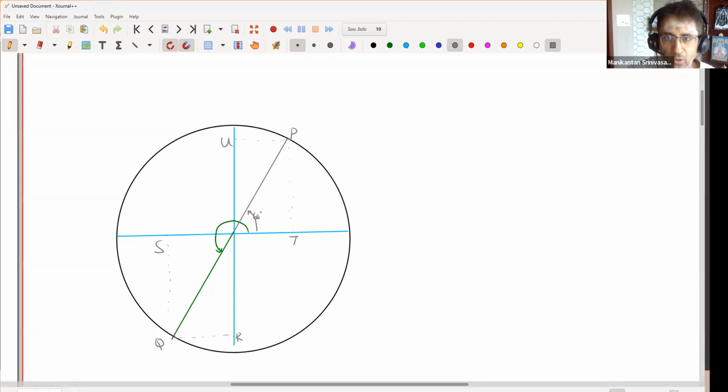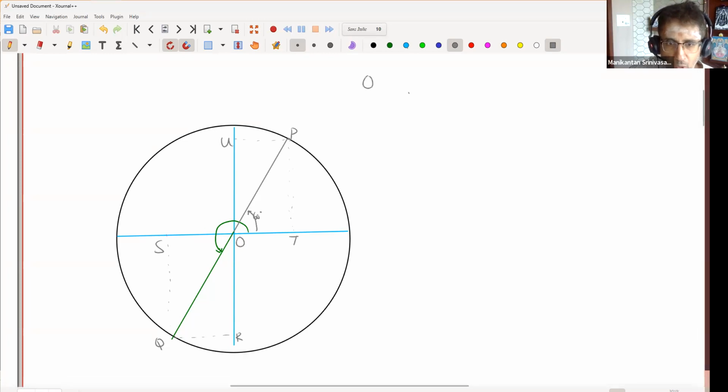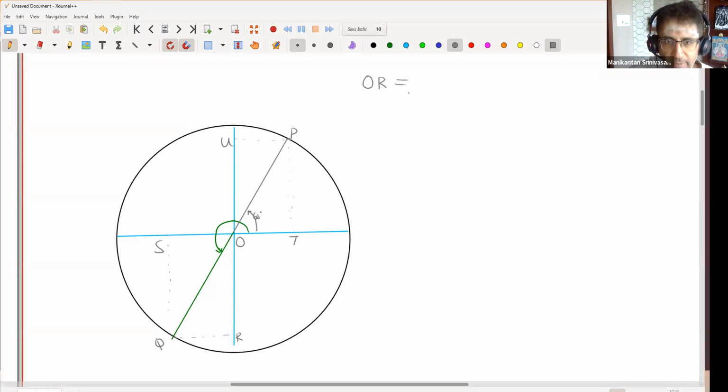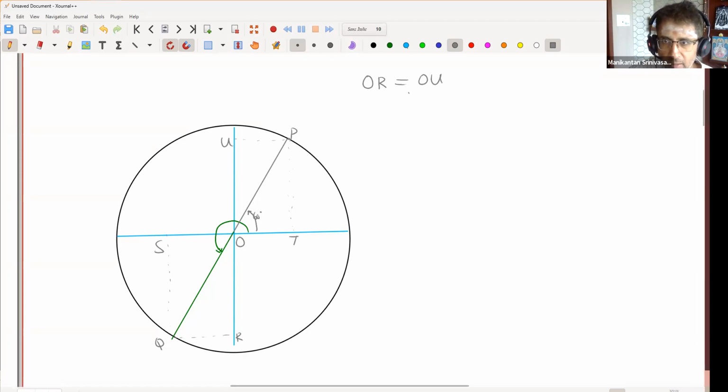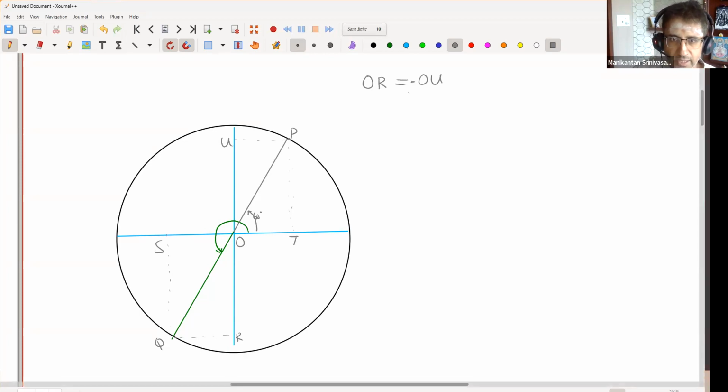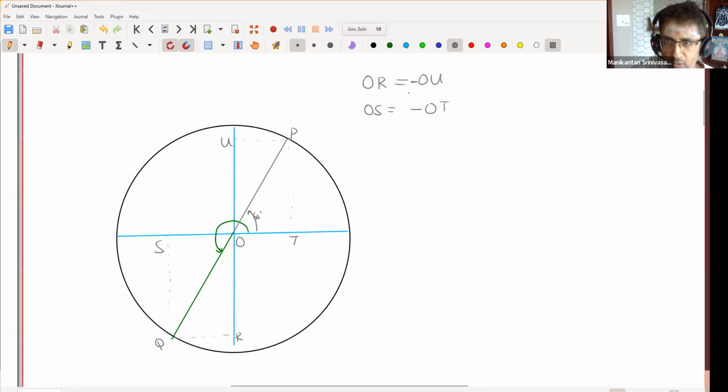So now we know that the Y projection is OR, which is the same as OU in magnitude, but negative, right? And similarly, the X projection is OS, which is the same as OT in magnitude, but negative.